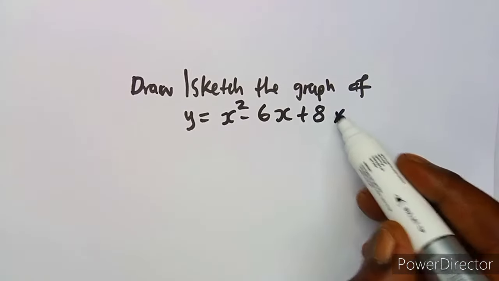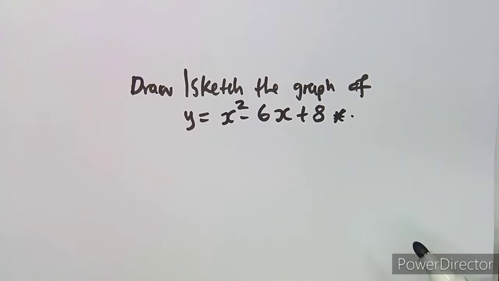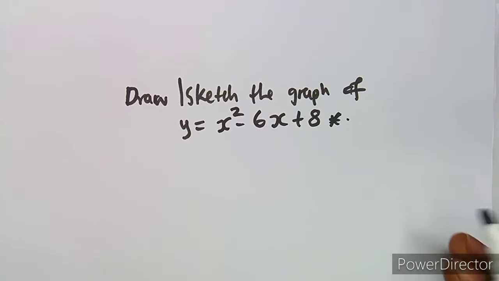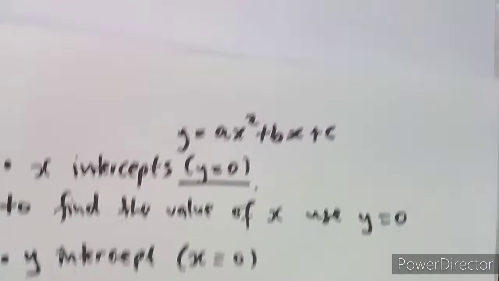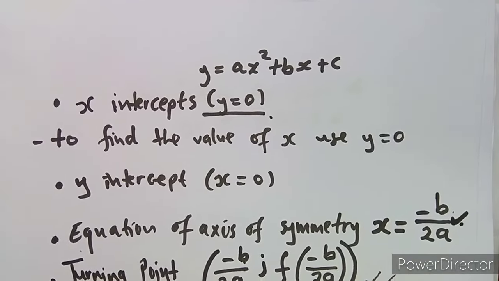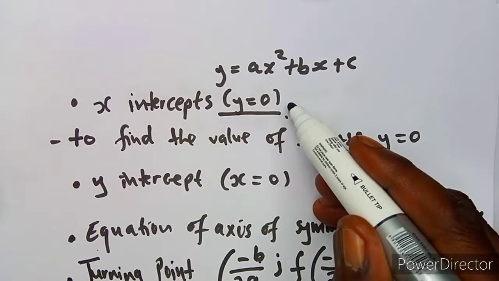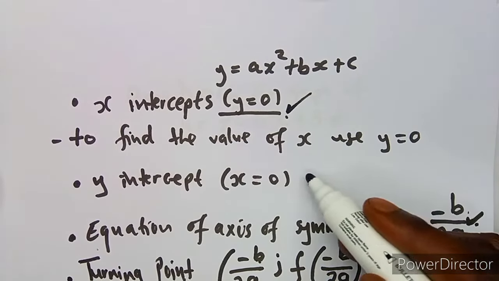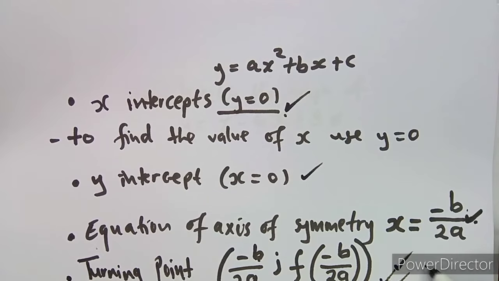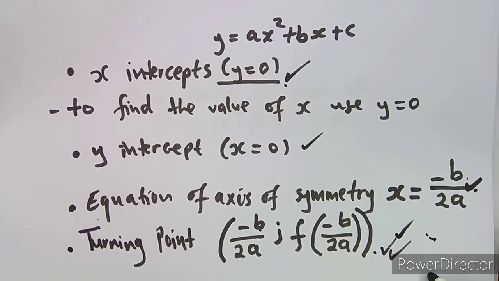This is the graph that we want to sketch. After that, we'll be able to answer questions from past exam papers. So this is the concept: you need to find the x-intercepts, the y-intercept, and the turning point. These are the important things that you need.